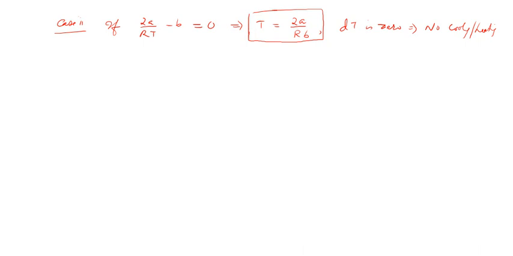But here you can see that real gases or van der Waals gases will also show a behavior similar to that of an ideal gas at a particular temperature. At this temperature, the Joule Thomson coefficient mu will be equal to 0, and we will call this particular temperature the temperature of inversion for a gas.